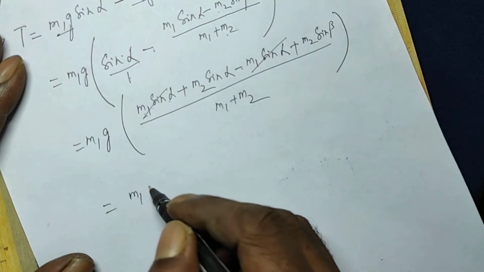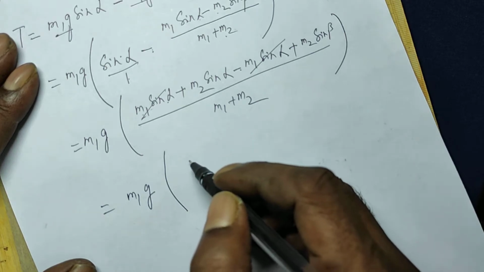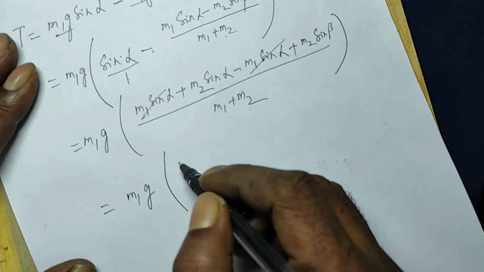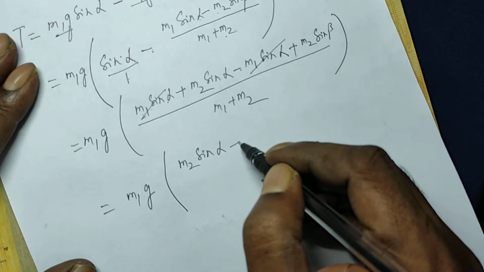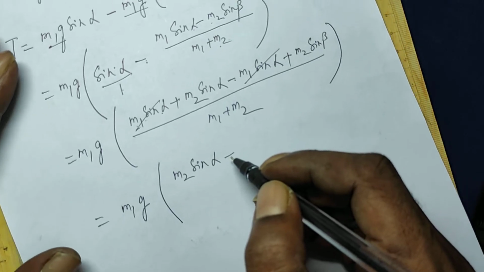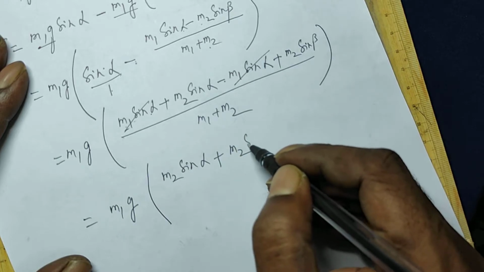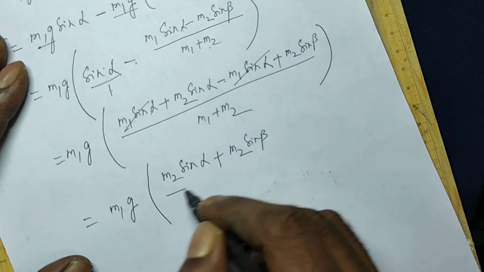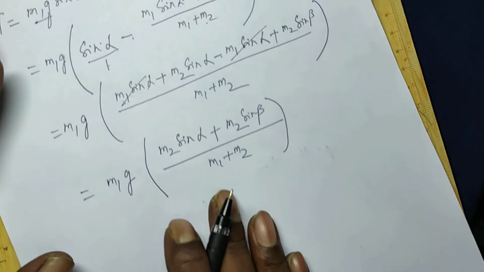So your M1 sin alpha, positive here and negative here, cancels. So we are left with M1g times, within the bracket, M2 sin alpha plus M2 sin beta over M1 plus M2.